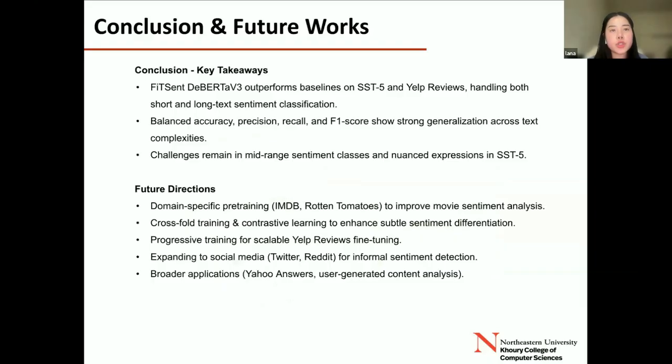And so this brings me to the conclusion and future work. In summary, we conclude that DeBERTaV3 achieves enhanced performance on both short and long text sentiment classification tasks, by comparing its performance to several established baselines on the two datasets.